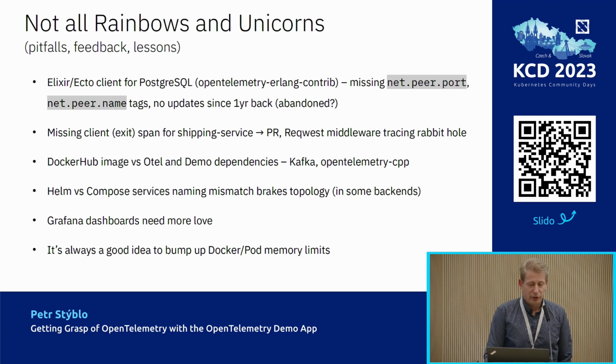My personal contribution was doing the client span for the Rust part, for the Rust shipping service, which was missing there. Again, I'm not a big Rust coder, but I took a dive and figured it out. There was one rabbit hole involved here, because the Rust programmers are very productive, and whenever they do something, they do it properly.